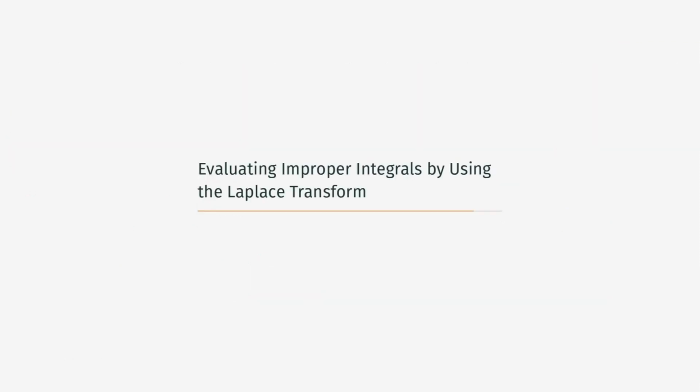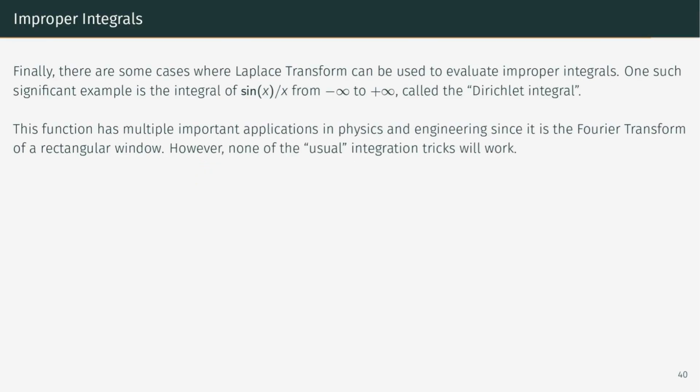This leads to our final section on evaluating improper integrals using the Laplace transform. Finally, there are some cases where the Laplace transform can be used to evaluate improper integrals.